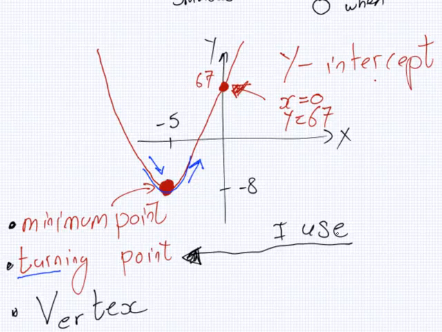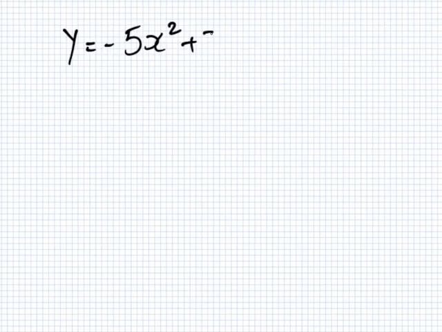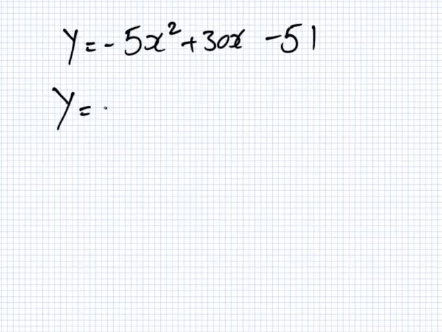Let's try one. Okay, so look at this one now. y equals minus 5x squared plus 30x minus 51. So I want you to find the turn-in point. So let's do it together. First, I factor out the minus 5.